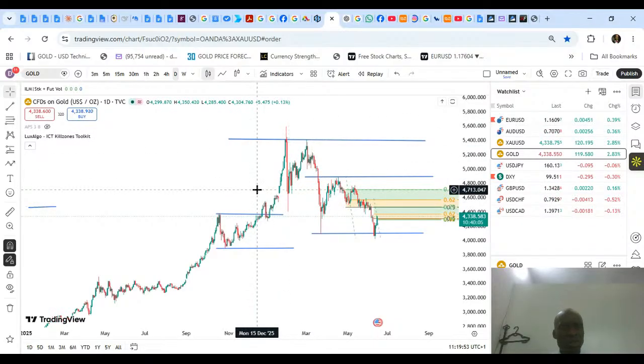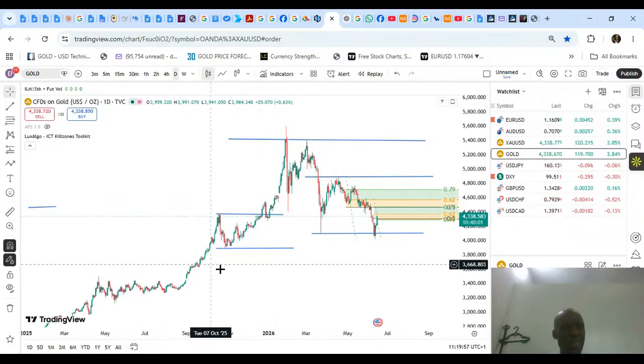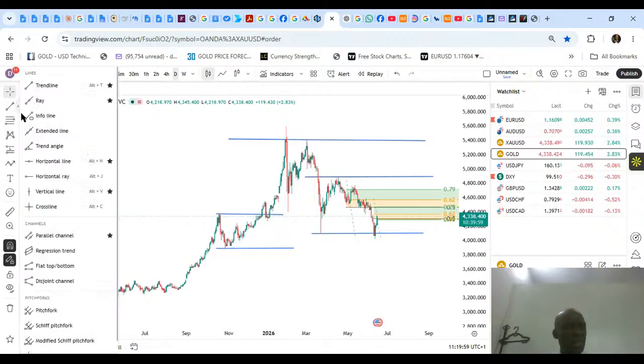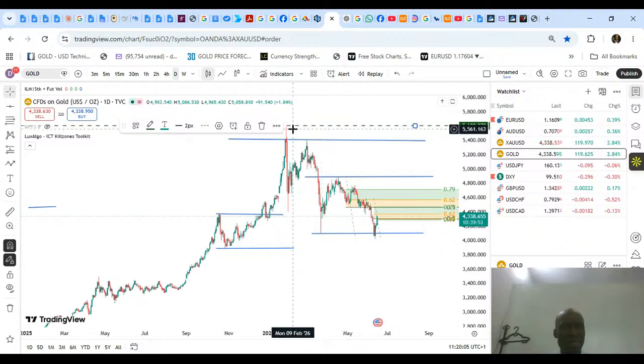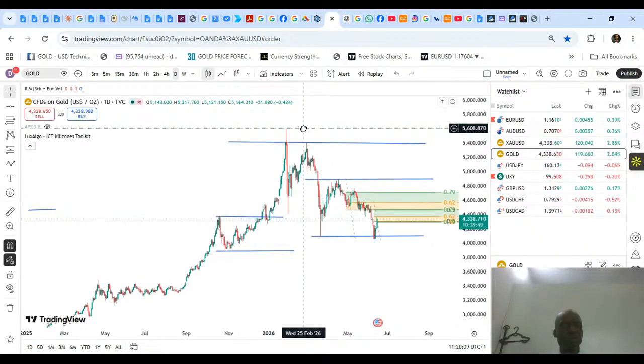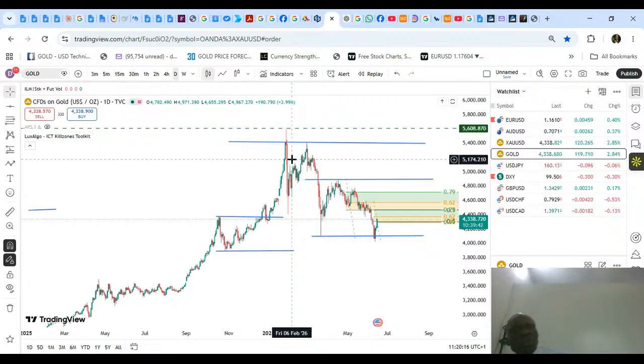But what we now notice is that from here, this is the level that the buyers will want to defend. This is the highest place it went to, for the bulls, this is the highest level they went. So the market will have to beat that level for it to continue going higher.